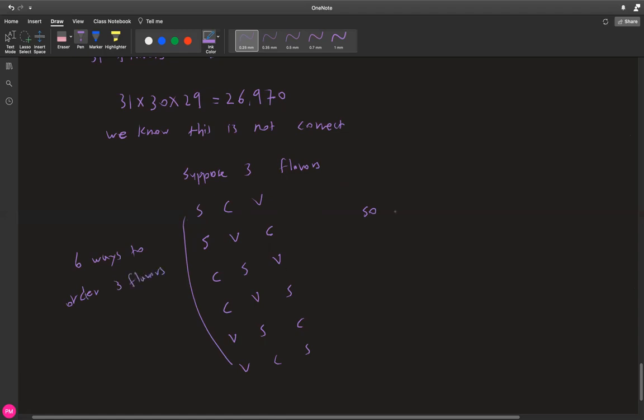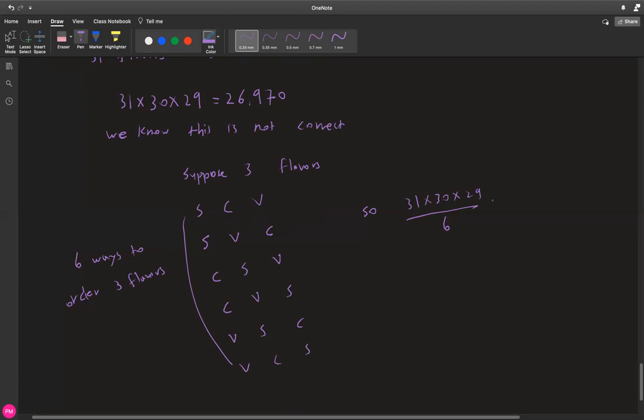So simply, we have to divide 31 multiplied by 30 multiplied by 29 by 6, because we're simply eliminating all these possible ordering issues by doing so.